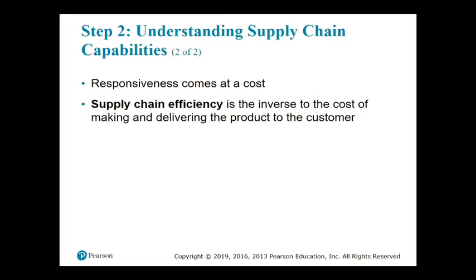So supply chain efficiency is basically talking about how little cost you can use to deliver the product to customers. So in other words, the higher the cost, the less the efficiency.